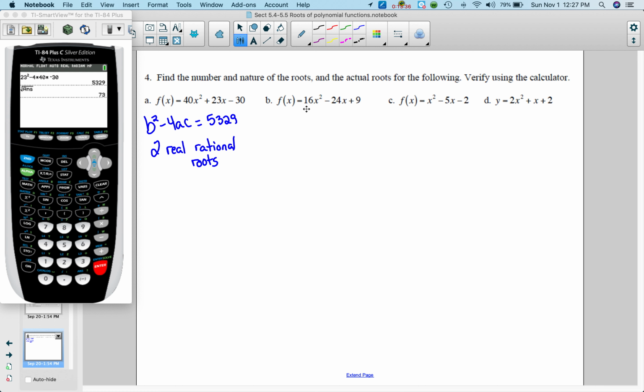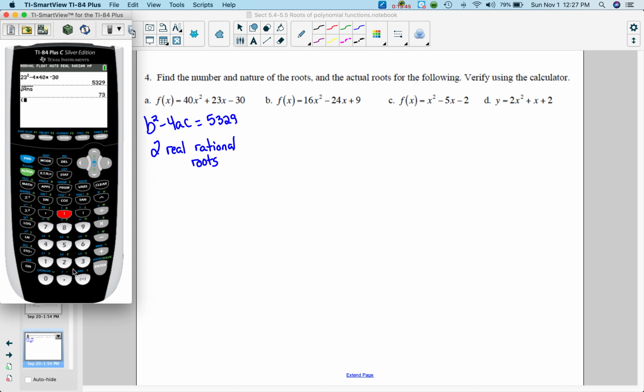So on this next one, for our discriminant, we're going to get b squared, so just be careful because it's parentheses, -24 squared. So b squared minus 4 times a times c, and I get 0.